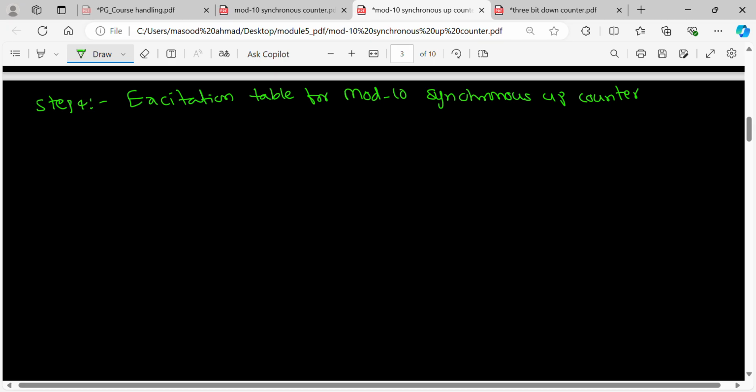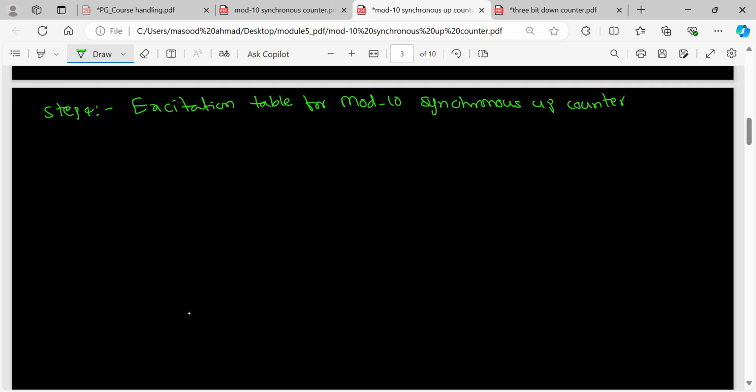So what I do is I take the 4 flip-flops. Let's say present state, next state, then flip-flop inputs. So present state is QA, QB, QC, QD.